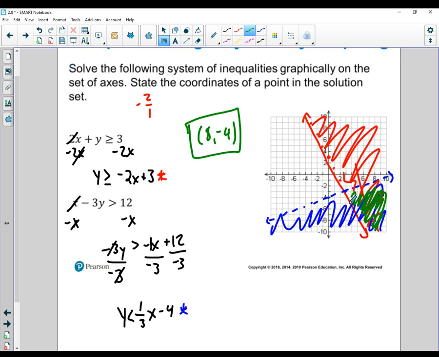So when we shade, technically this part of the line right here, these points also work, because this is a solid line, so these points are included, and it's shaded here. But here, since these are dotted, they're not going to be overlapped. The red goes here, but since it's dotted for the blue, it's not included there. So all the points on this line are included in the solution to both of them, but not the points on this line.